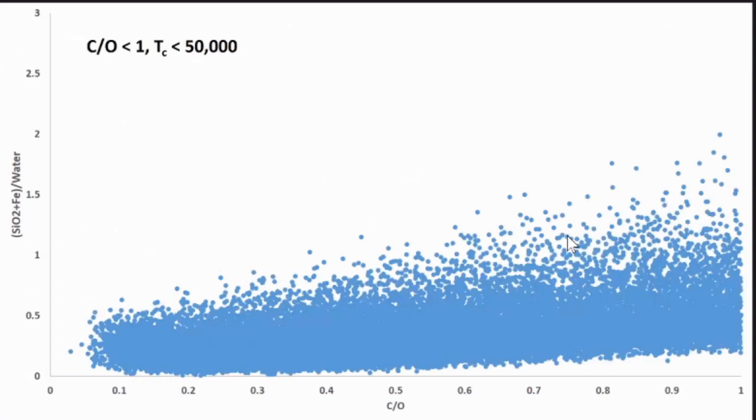And then this is if I limit myself to C to O of 1 or less, because there might have been some primordial water as well. So the C to O ratio can be less than 1. And I limit myself to central temperatures of less than 50,000 Kelvin, and this is what I get. So you can see that just at the far right, you get models that are sort of like, again, you're not solving the problem completely, but it's interesting.